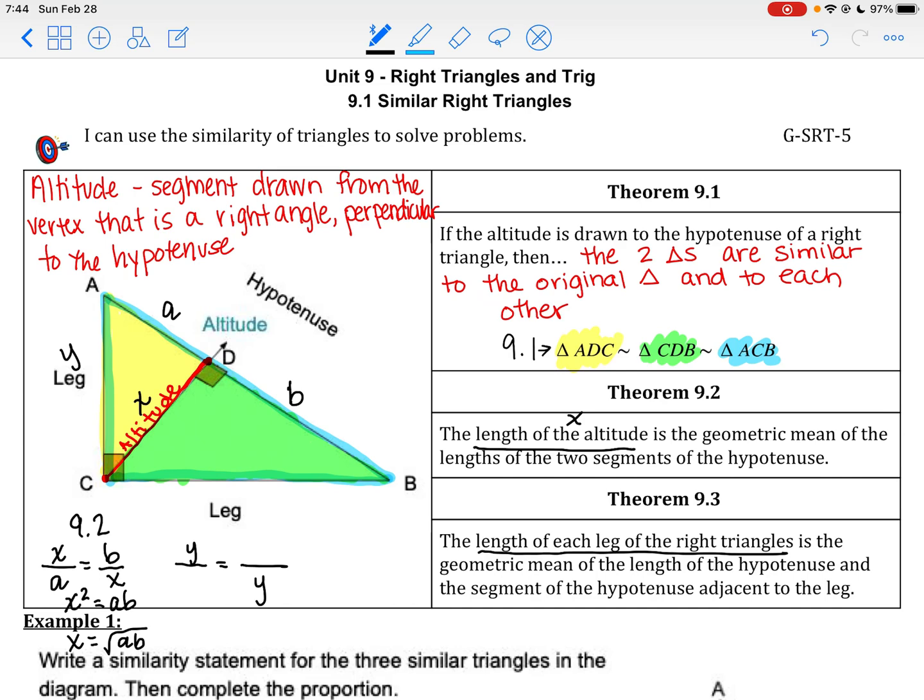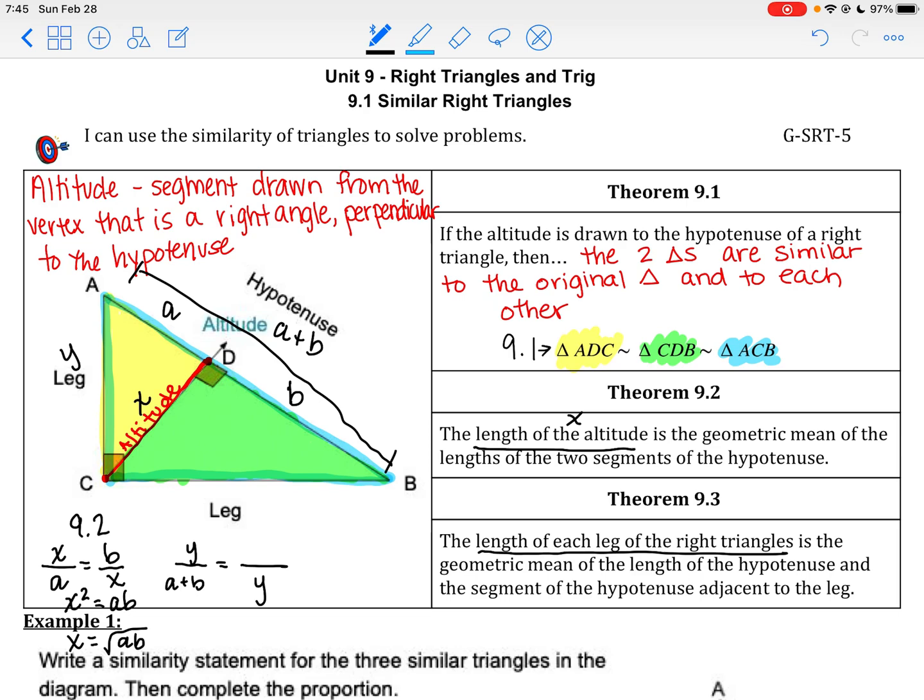Those are in the mean positions of that proportion. It is the geometric mean of the length of the hypotenuse and the segment of the hypotenuse adjacent to the leg. The length of the hypotenuse would be this whole segment, which I could say is A plus B.